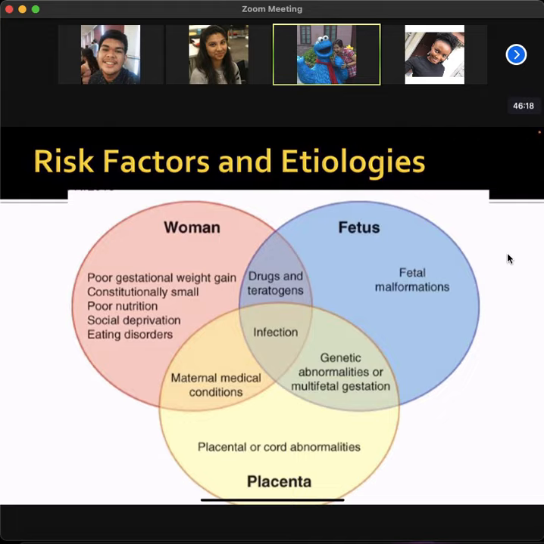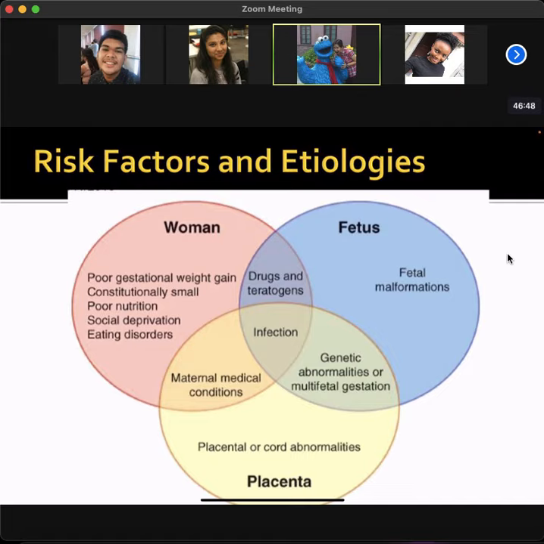Maternal medical conditions like hypertension and chronic diabetes also cause fetal growth restriction. Your gestational diabetes mellitus is the one that is responsible for fetal overgrowth. But in chronic diabetes mellitus patients, the babies are more likely to have fetal malformations and fetal growth restriction.